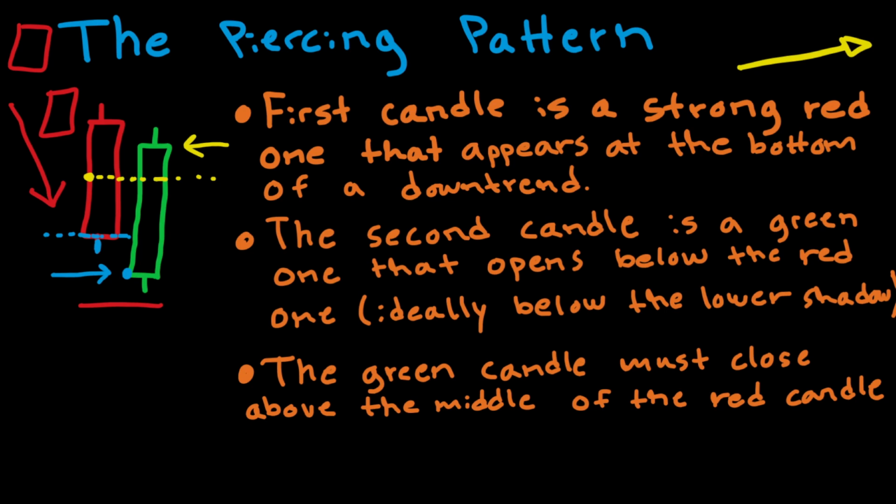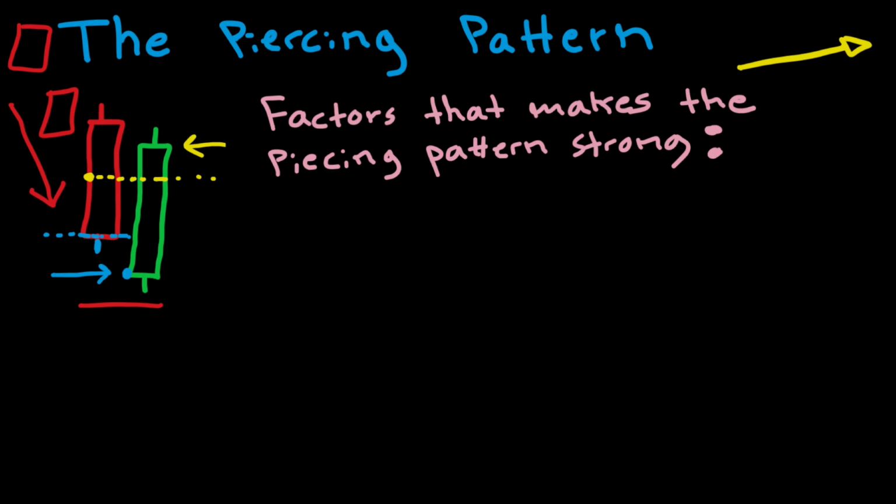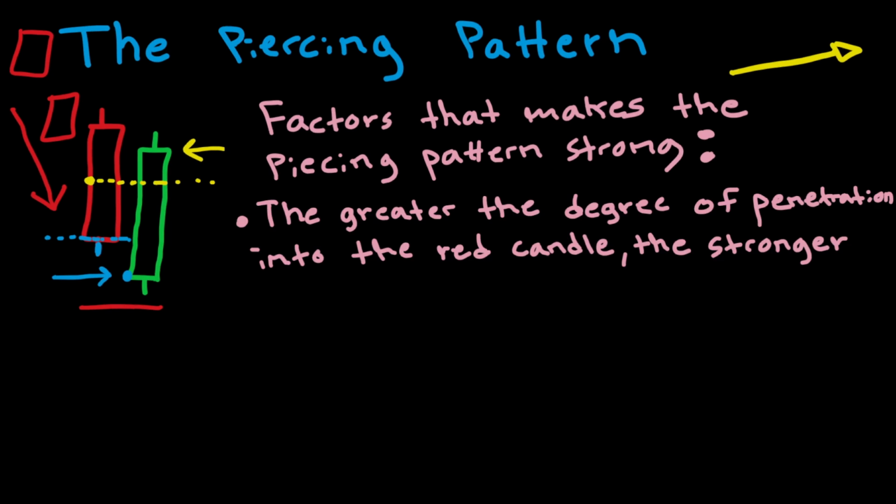Now let's shift our attention to some factors that make the piercing pattern weaker or stronger. So we can write here, factors that make the piercing pattern strong. First of all, the greater the degree of penetration into the red candle, the stronger.